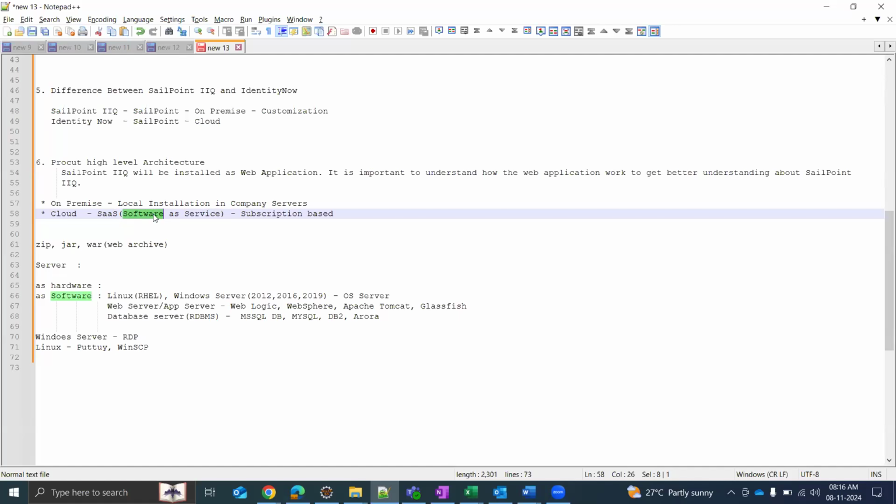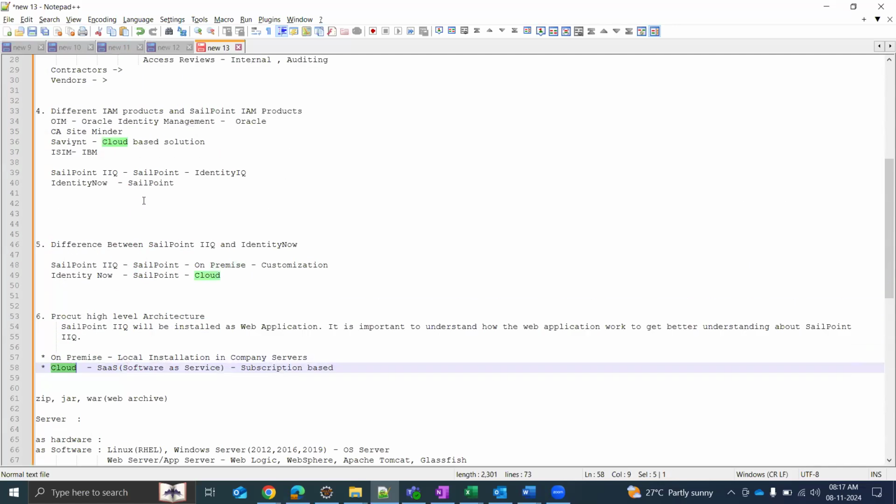They will not give you the complete application, but on the browser you can access the particular site for Excel or for PPT. You can work on it, use as much storage as you want and whatever features you want. This is the major difference between on-premise and cloud.